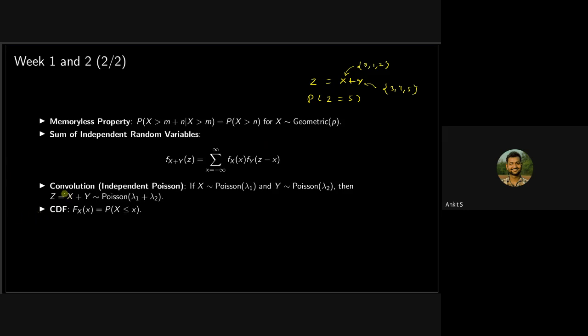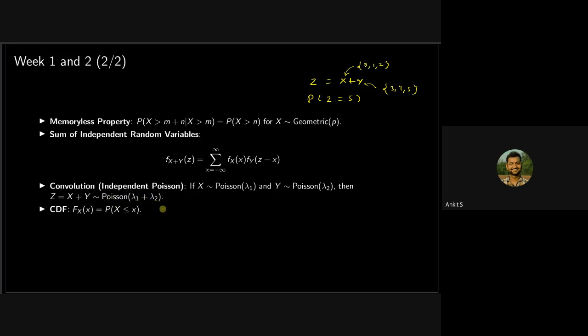Then we had a very important property called convolution, which was related to two independent Poisson random variables. We had many problems on this in the lectures, and in the activity questions and EAs and GAs also. Essentially, if you have two random variables x and y that follow Poisson distributions with parameters lambda 1 and lambda 2, and you add them, z equals x plus y, it will follow a Poisson distribution with parameter lambda 1 plus lambda 2.